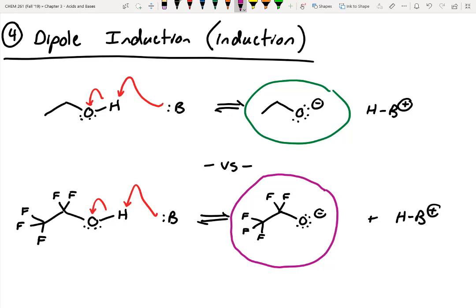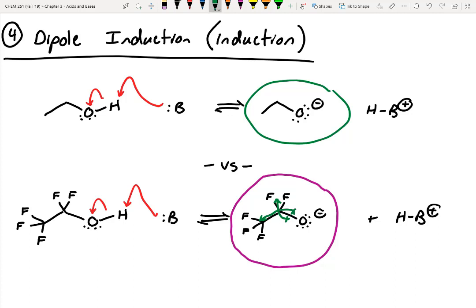Does anybody have a gut feeling for which one they think is more stable? Top or bottom? I see some people pointing down. Why do you think the bottom one might be more stable? Yeah, there's a big dipole due to the fluorines, right? So the fluorines are actually tugging on that, creating a dipole. So you can say there's kind of a tug going this way and that way, which in many ways is going to stabilize the negative charge, right?